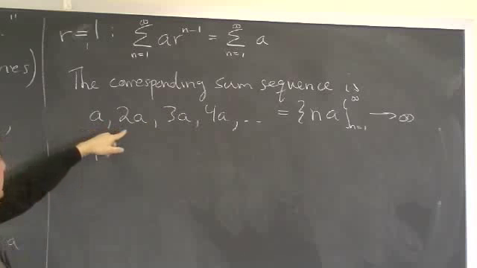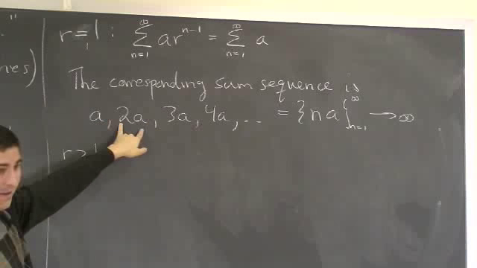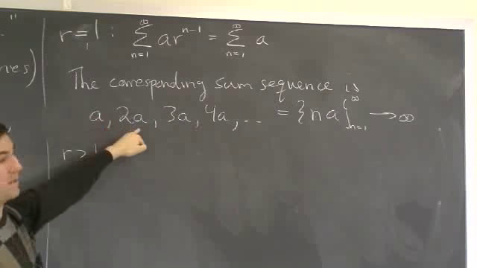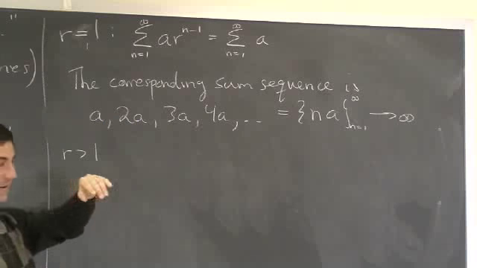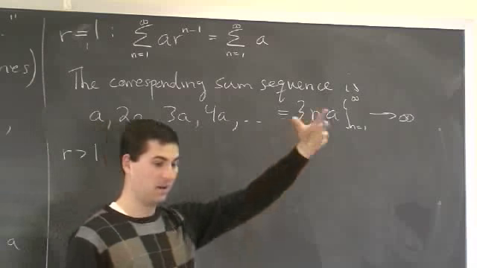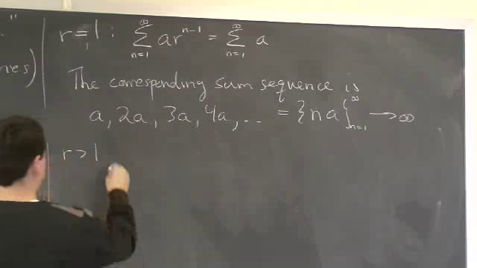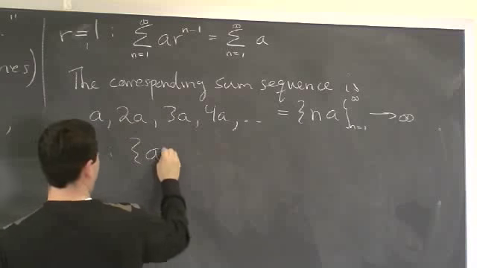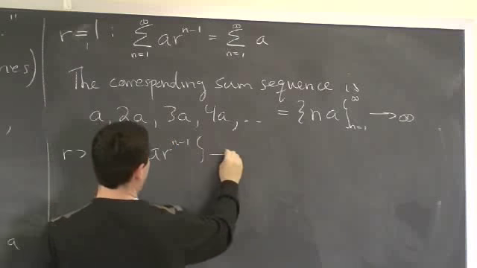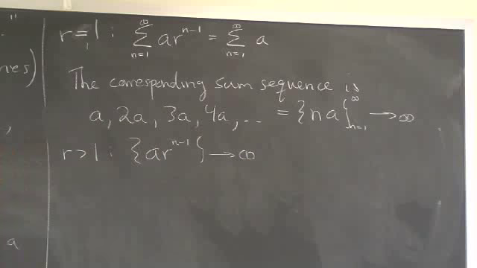Instead of just having a couple of copies of a, in the next term you're going to have a plus something bigger than a, and then a plus something bigger than a, then something bigger than that. So that's also going to diverge to infinity. Okay, so those are already bad.